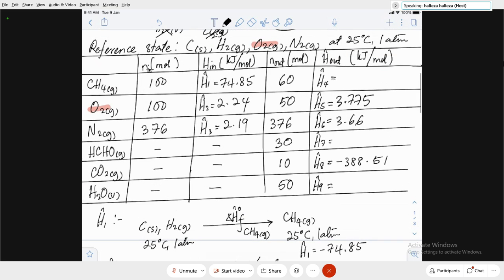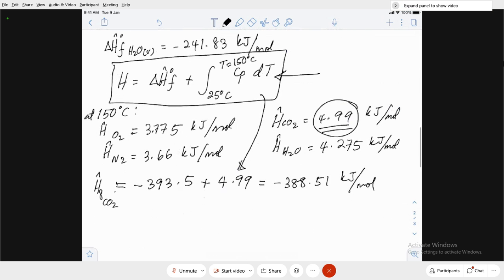So now for H4, that involves methane. So we're going to look at the same equation just now. The heat of formation of methane, I wrote it down just now. So heat of formation of methane is negative 74.85.